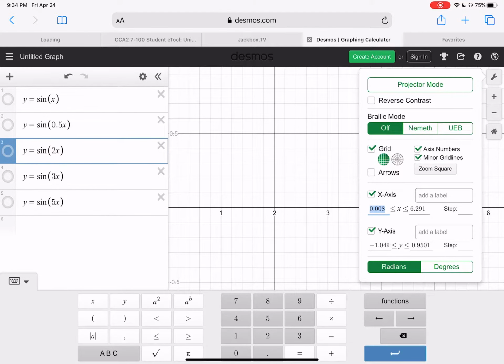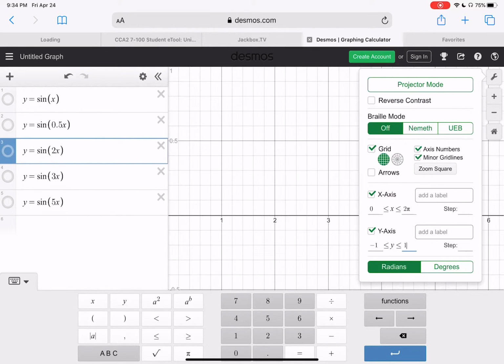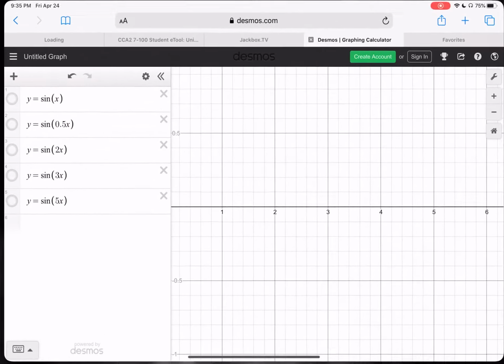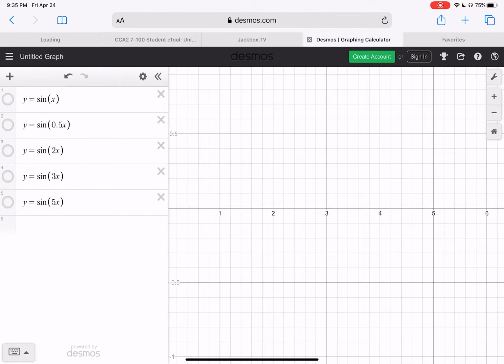Try to keep it from 0 to 2 pi, and from -1 to 1. If you have a touch screen like me, it might be a little bit difficult, but just do your best. Make sure to finish these graphs and sketch them all separately on different axes so that it doesn't get confusing when you're looking at them later.